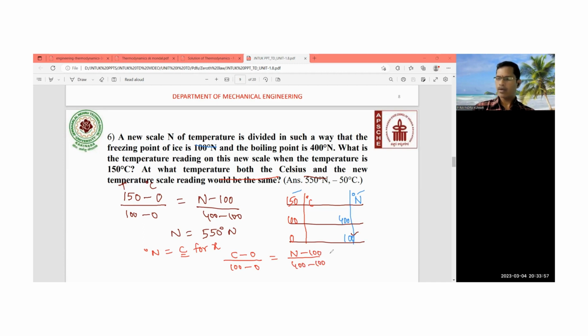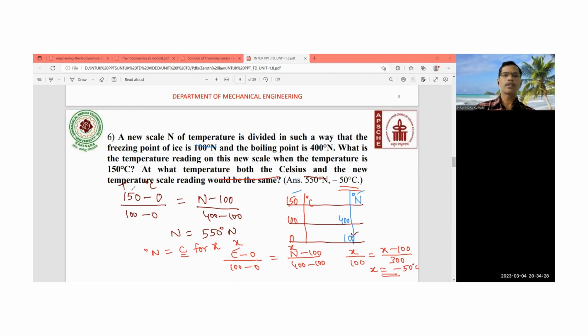If you consider this as x and this also the thermometer property as x, then x by 100 is equal to x minus 100 divided by 300. Then you will get the x value as minus 50 degrees centigrade. So this is this particular answer, minus 50 degrees centigrade, right?